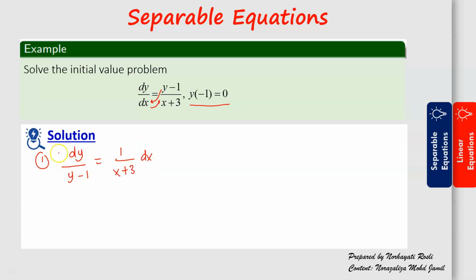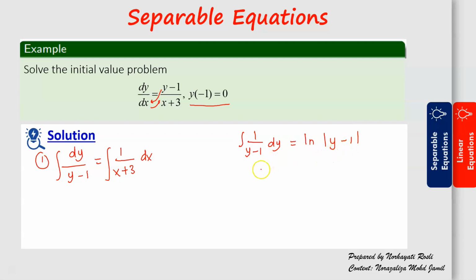Then step number 2, we integrate both sides. Where you got 1 over some function, the answer should be in terms of logarithm. We integrate 1 over (y minus 1) dy, and you will get ln of (y minus 1).